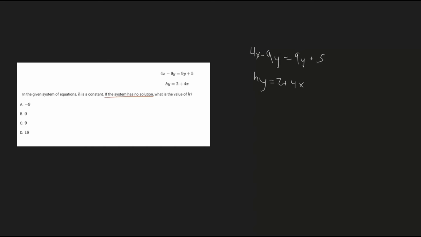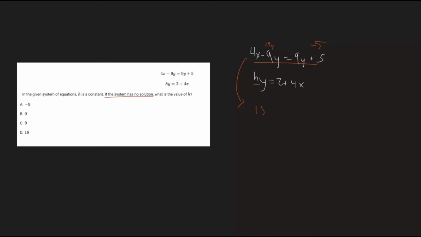So in order to do that and find the corresponding values for the constant of h, what we need to do is first put these equations into slope-intercept form. So the top one right here, what we can do here is add 9y to both sides, and then we want to subtract 5 from both sides, just so we can isolate for y.